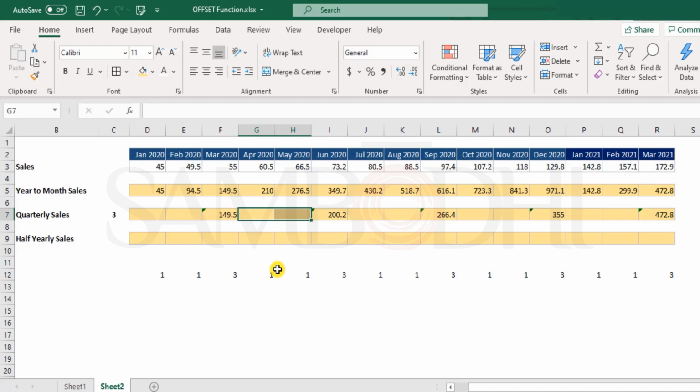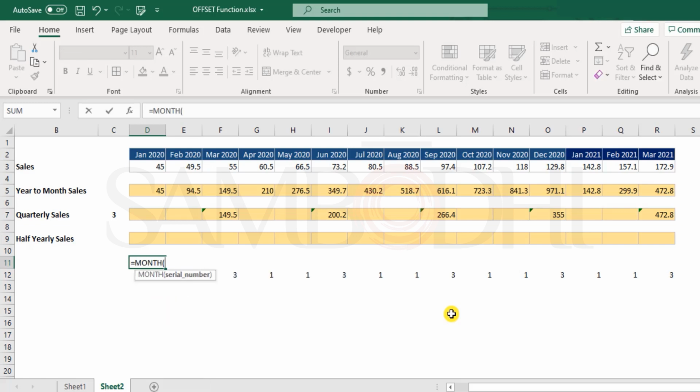Okay, now before that, let me just explain the concept of this GCD function. Now in arithmetic, we would have studied greatest common divisor. What does that mean? Now this is 1, the month number. Okay, it's Jan, right? We have the month function. It's January.